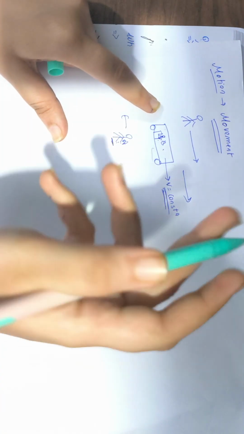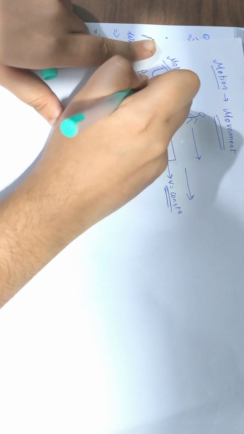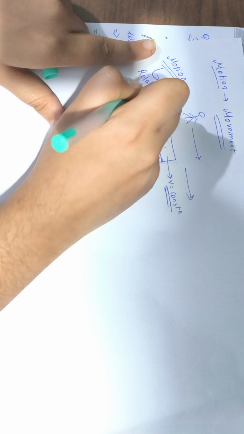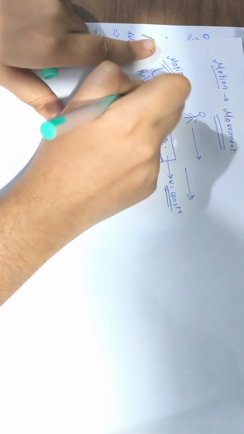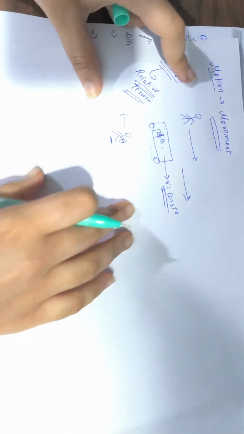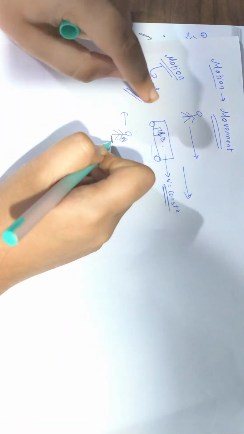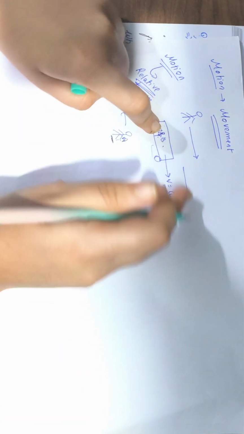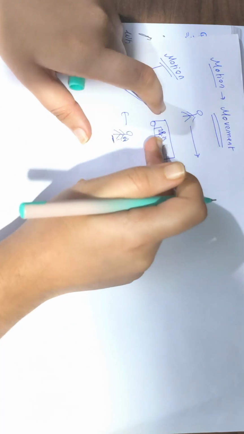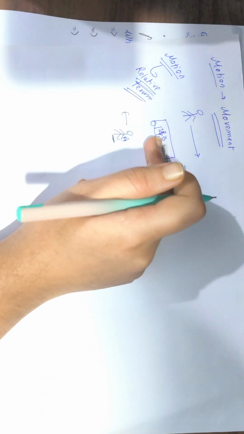So from this you can conclude that motion is a relative term. What is motion? Motion is a relative term, because it depends on the frame, on the person viewing. A views B moving forward, while B views A moving backwards.